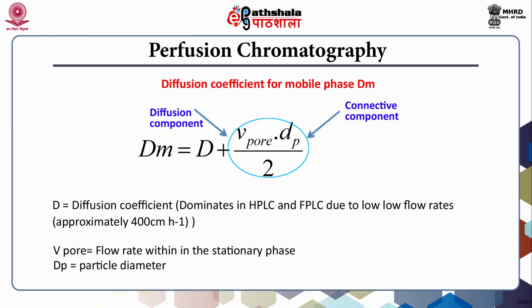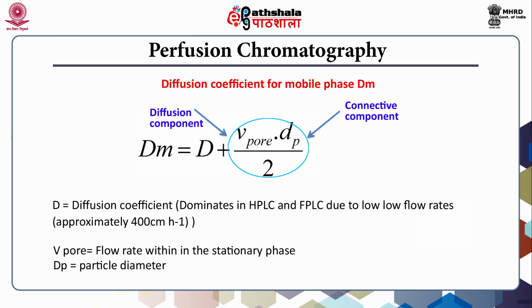The convective component is V pore multiplied by dP divided by 2. That means V pore is the flow rate of mobile phase within the stationary phase, and dP is the particle diameter. In HPLC, the diffusion component dominates, and the same is the case in FPLC, but in perfusion chromatography the convective component dominates.